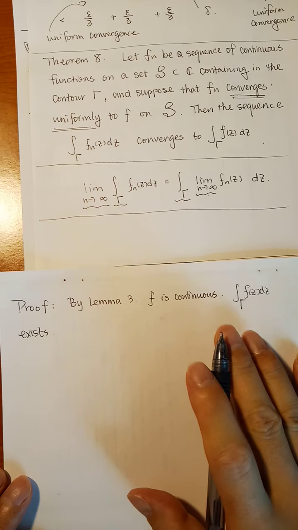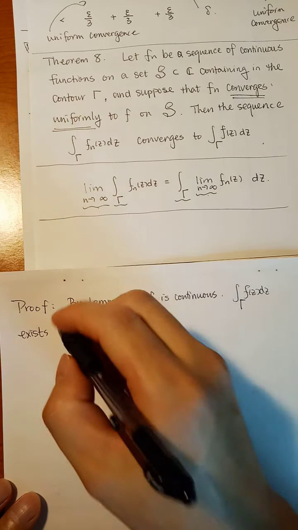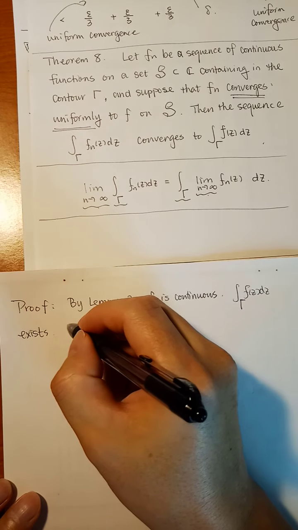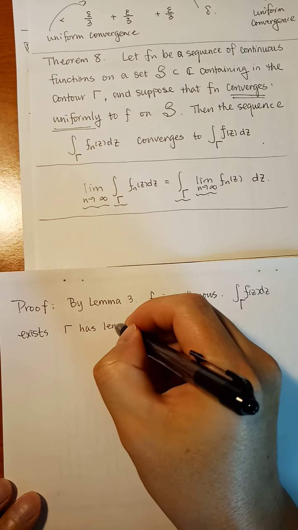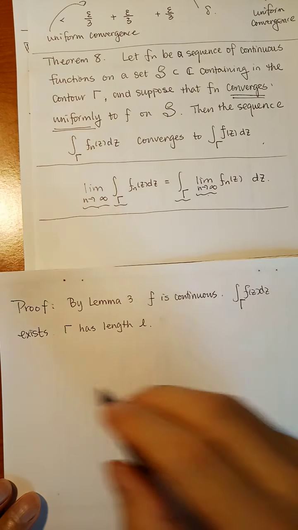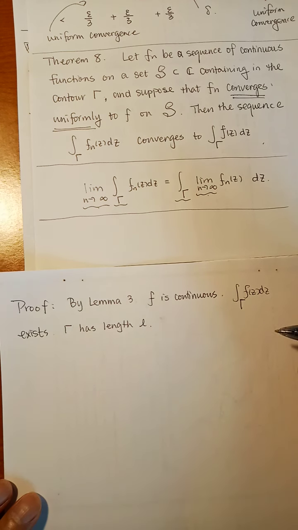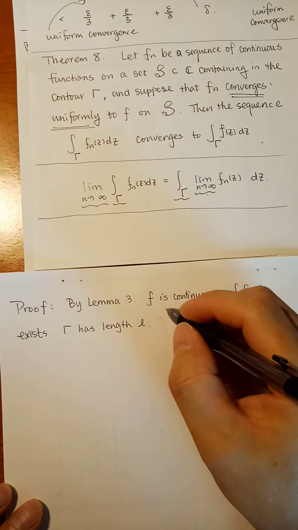Okay, so that's the important thing. And also gamma has length L. We assume gamma is a contour, so it definitely has a length. We talk about a nice contour. Gamma has length L, and the uniform convergence.